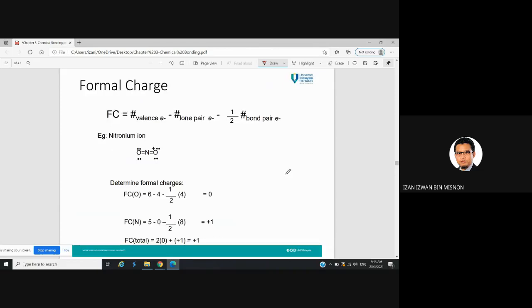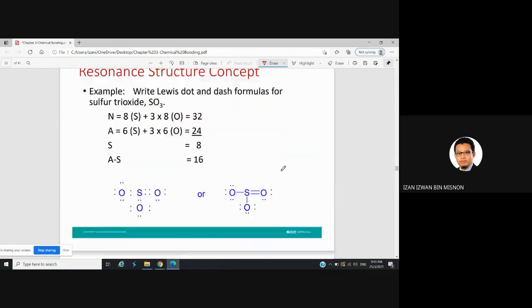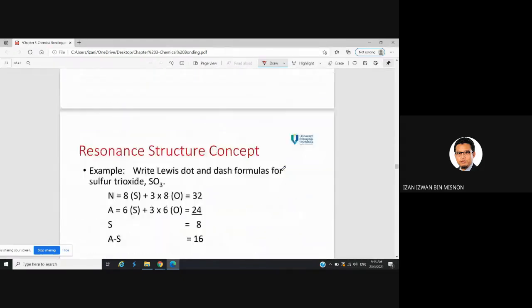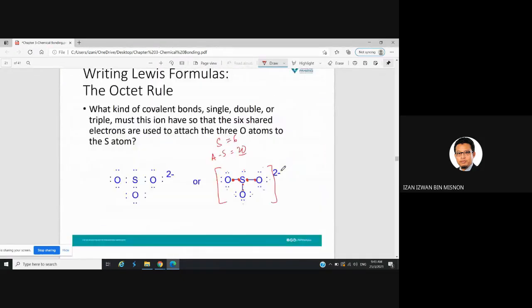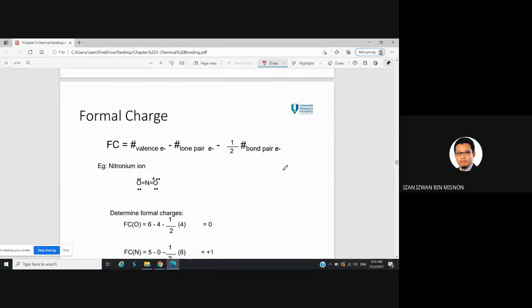And then we can also calculate the formal charge, where the charge of the molecule, either positive or negative, is calculated.